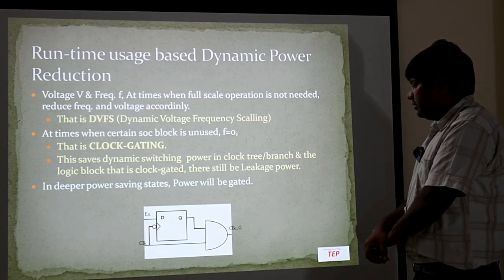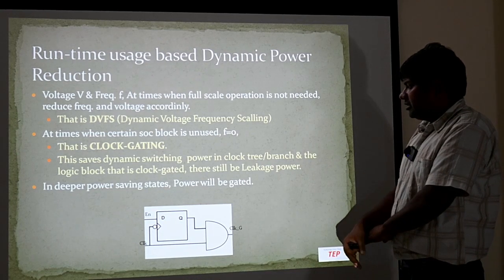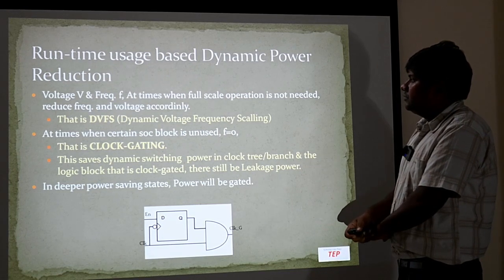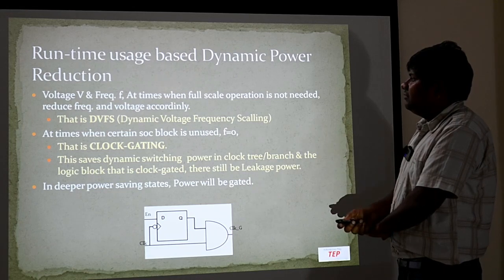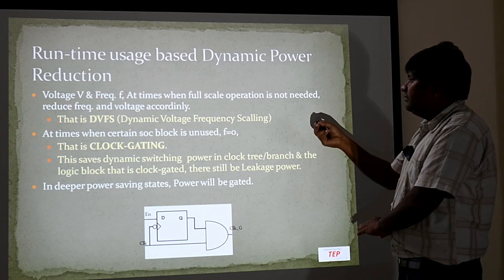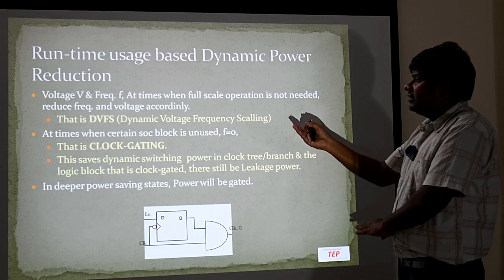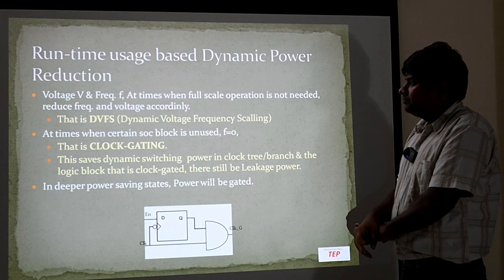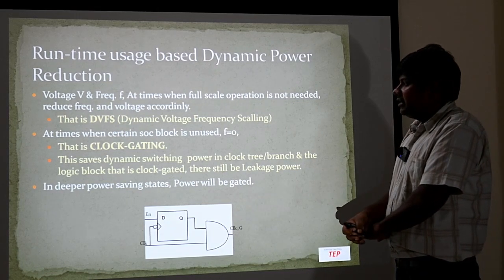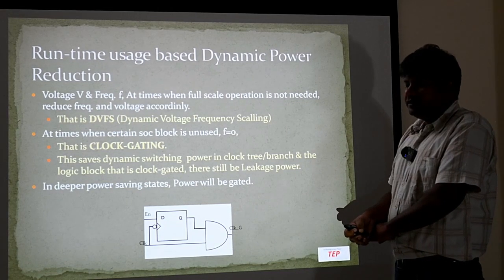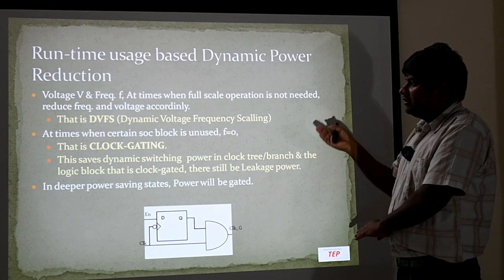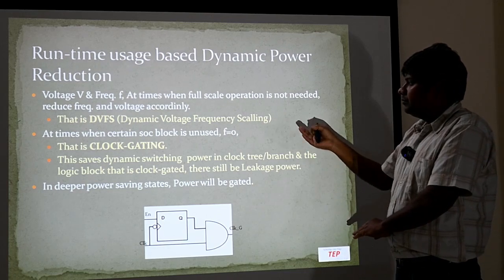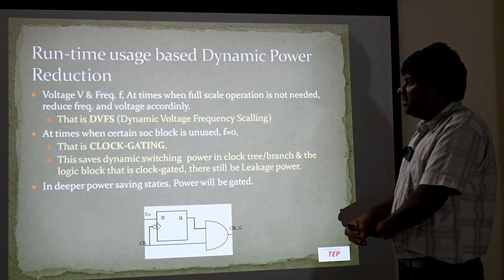Okay, and this picture just shows a clock gating cell, nothing else. So basically we have DVFS, where at runtime we are scaling the voltage and frequency, and it makes use of what I already discussed, that voltage and frequency are interrelated: if we reduce the frequency, we can reduce the voltage, and thus dynamic power saving happens.